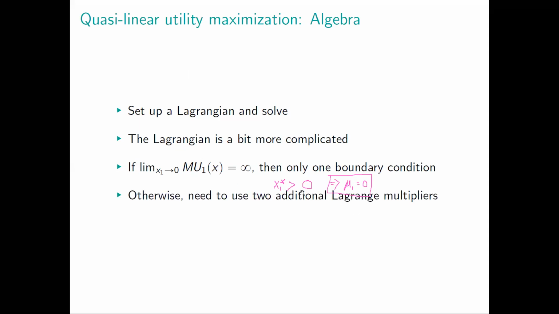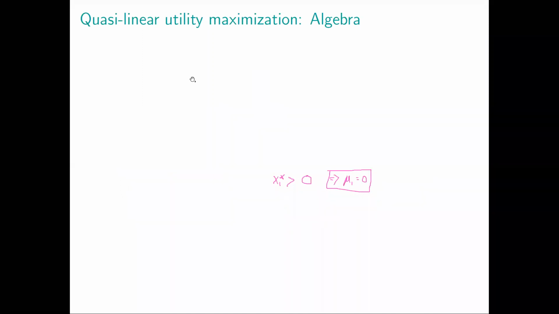So in the other case, we'll need to use 2 additional Lagrange multipliers. And that'll show up in the Lagrangian that we write down in the next slide, and when we solve this. Right, so clear the drawings.